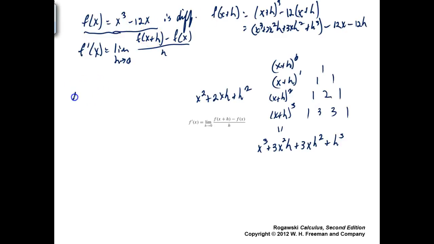So here's what our f prime of x is. The limit as h approaches 0 of, let's write all that out. This is so much fun, isn't it? This would be x cubed plus 3x squared h plus 3xh squared plus h cubed minus 12x minus 12h.